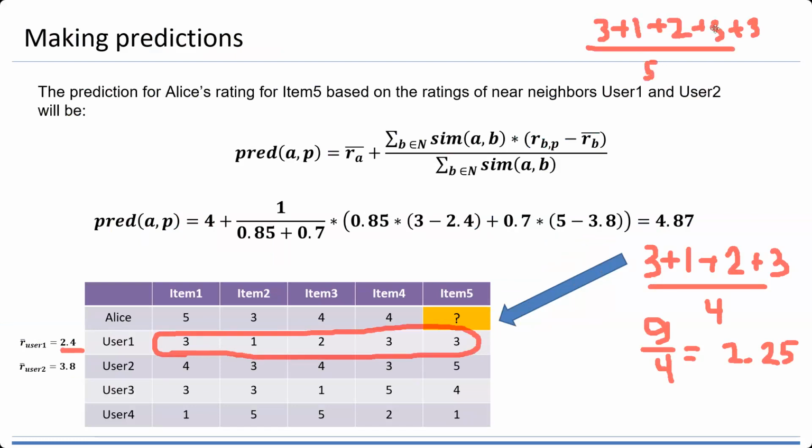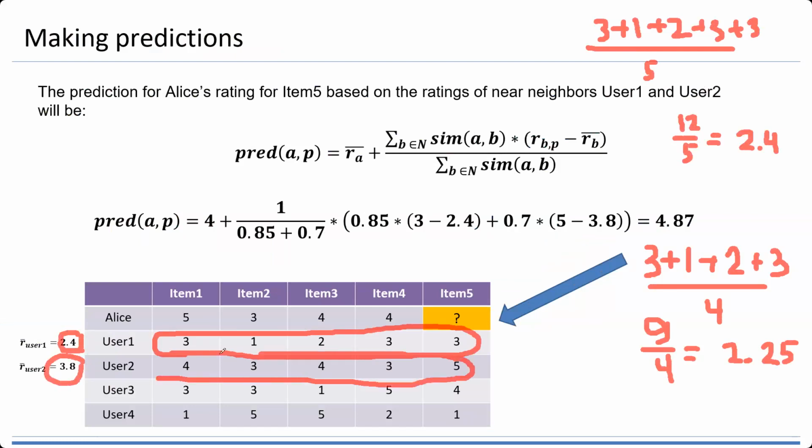So it means 9 plus 3, it is 12 divided by 5. If it is 12 divided by 5, then it is exactly 2.4. So it matches this one. If you calculate this one as well, it is based on the 5 values.